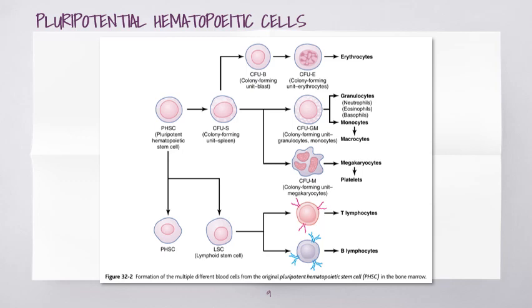Okay, so this is what I've been talking about. The HSC will divide into two daughter cells. One of the daughter cells will remain in the stem cell pool. So this one will remain in our body and will stay dormant until it is activated. So when does this activate?